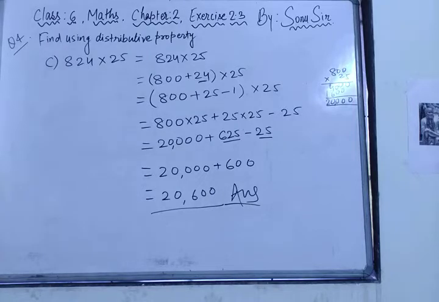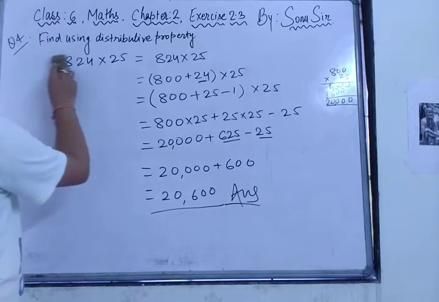4275 into 125. 4275 into 125. Have all of you written this answer? Now let's start question number D and E. There are a total of 5 questions, so I will solve all 5, not an issue.